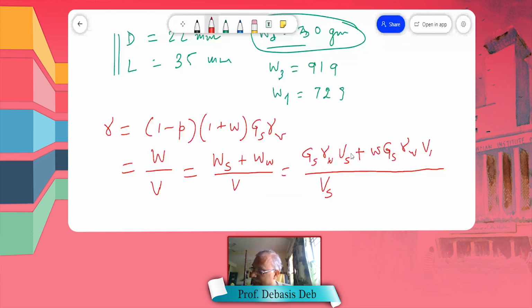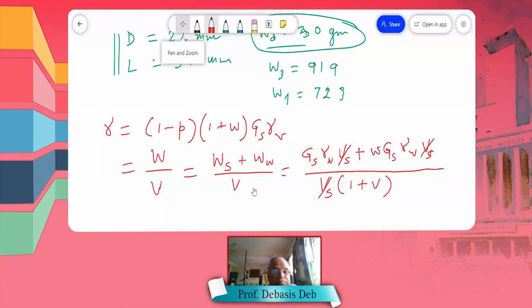The reason I'm changing it to VS is that you see VS everywhere in the top. If you relate the void ratio to VS and total V, you will find this. So now the entire VS will cancel.